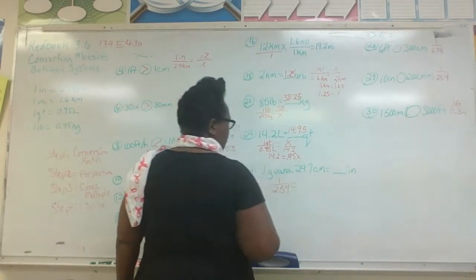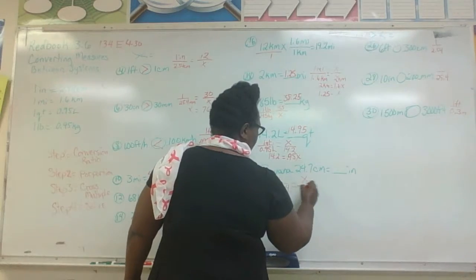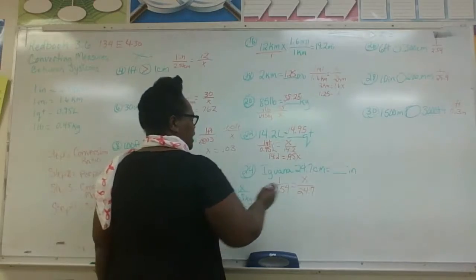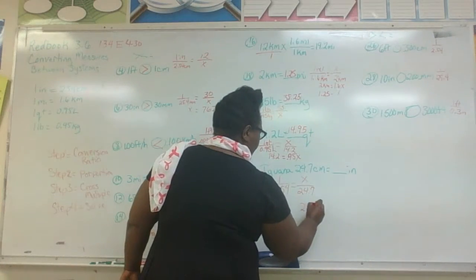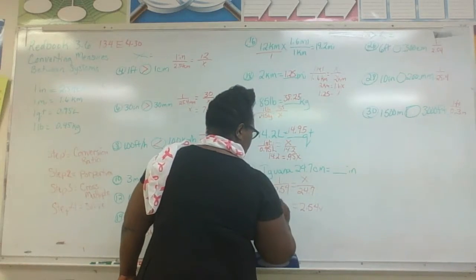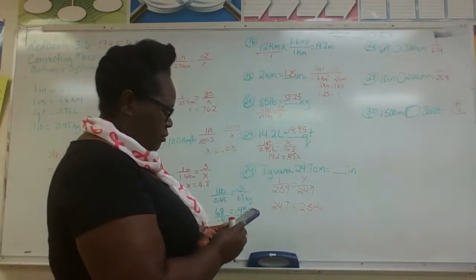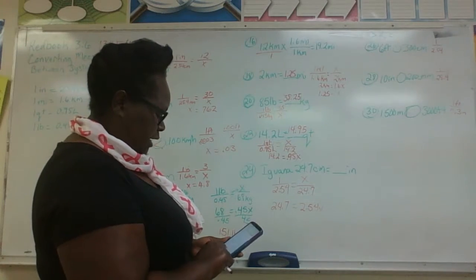All right, and so now we do not know the inches, but we know that it's 24.7 centimeters, and so we cross cancel so that we have 2.54x is equal to 24.7.